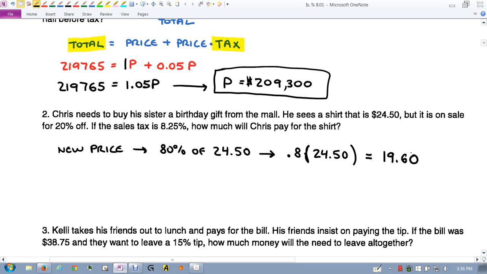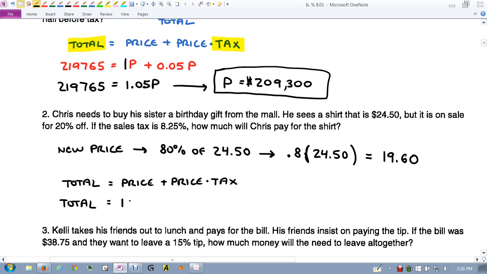How much is Chris going to pay for the shirt? Well, now he's got to pay tax on that, right? So the total is going to be equal to the price plus the price times tax. So the total is going to be not $24.50.